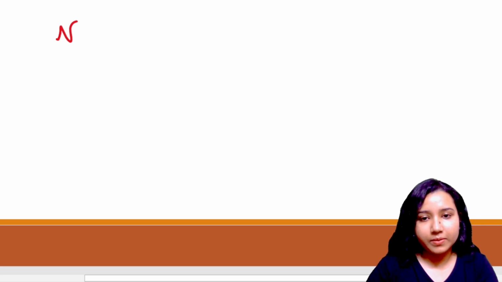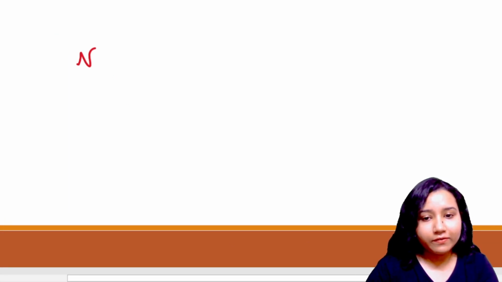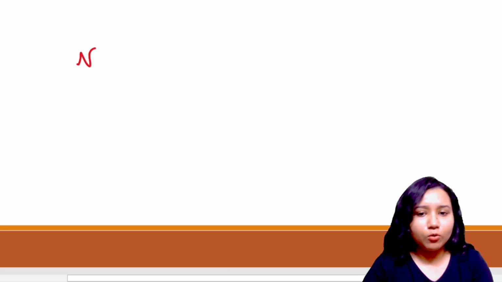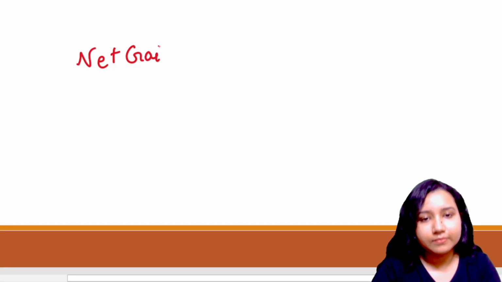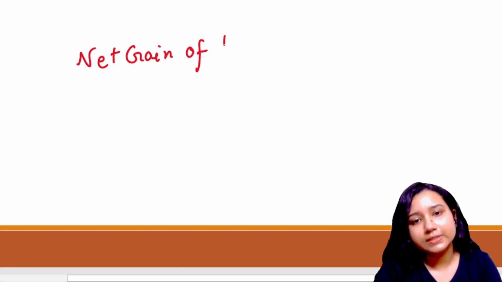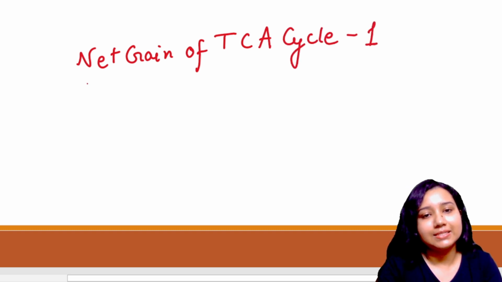So let me remove the slides. Yes. What is going to be the net gain of our whole process? The net gain of the TCA cycle, and how many TCA cycles? Only one TCA cycle.